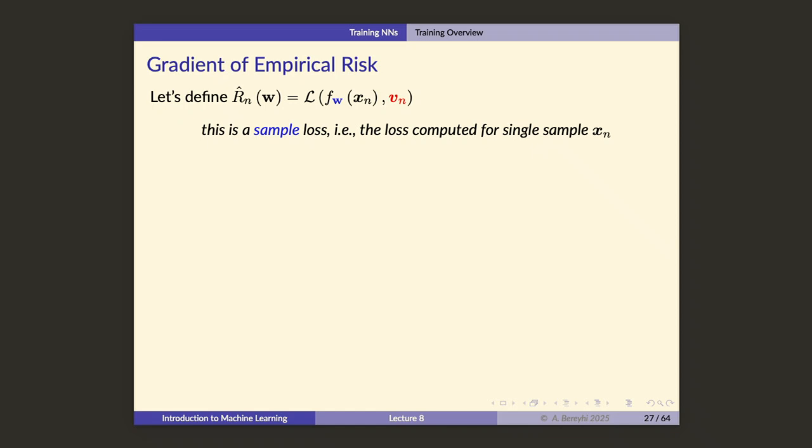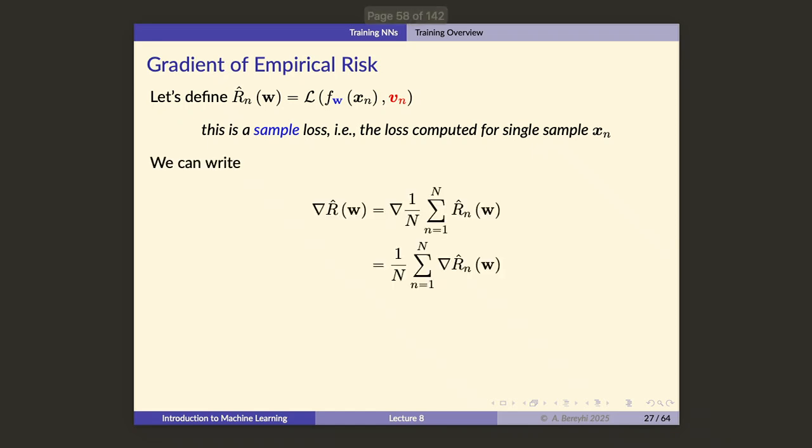By sample loss, it means that I got one single input, I passed it through the network, I got the output, I compare it with the true label, and now I compute one loss. This loss is not the final empirical risk that I want. I compute lots of them, and then I average them, right? Correct? So that is the sample loss, and essentially the empirical risk that I want to compute is the average of those sample losses.